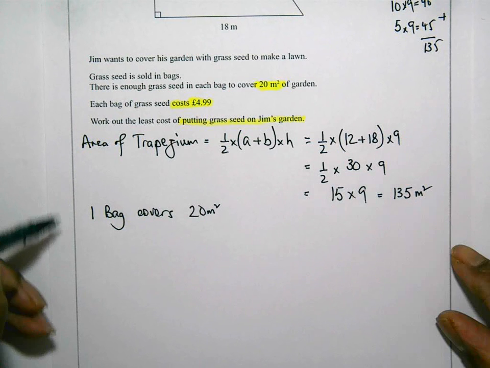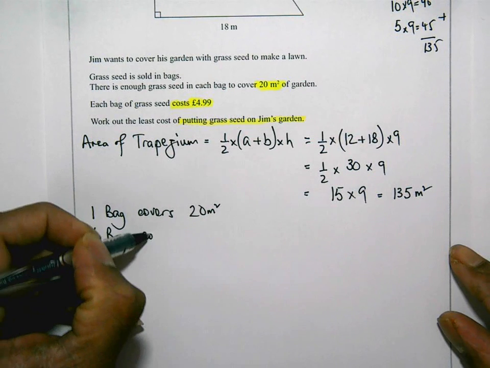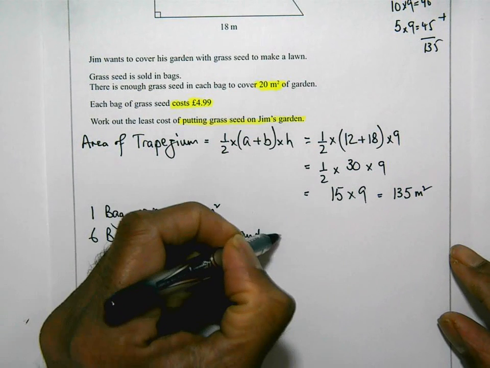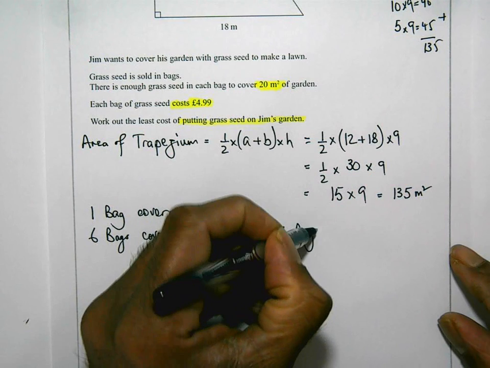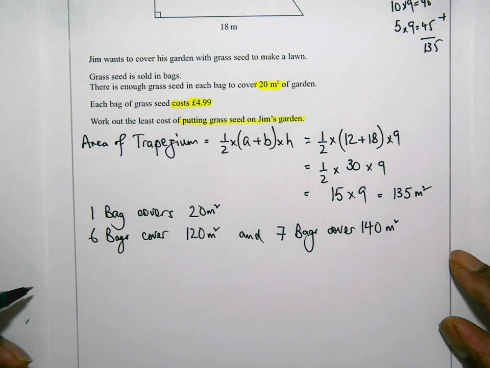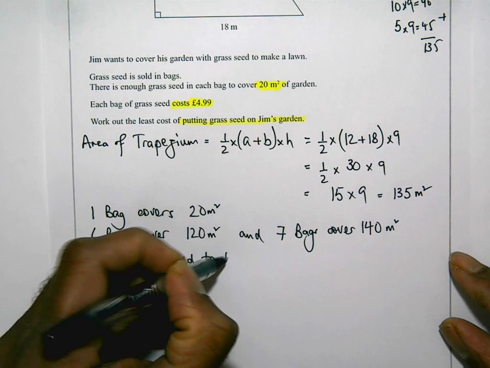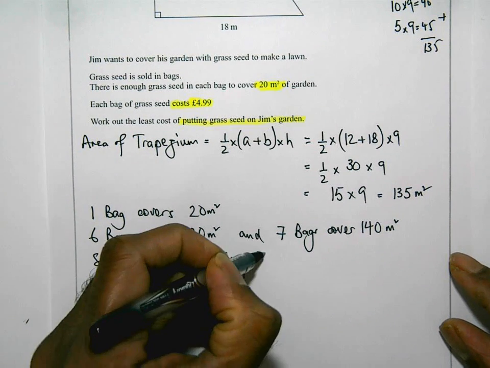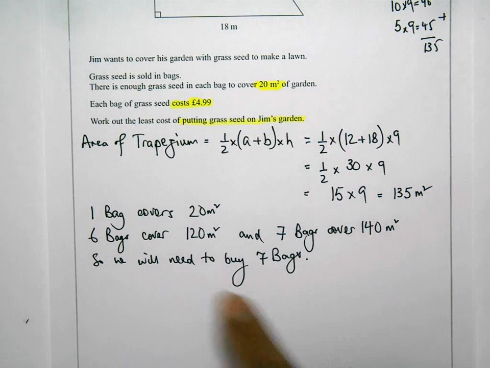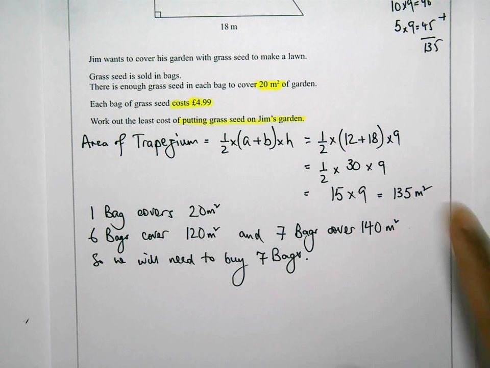Doing my multiplying up, 6 bags will cover 120 meters squared, and 7 bags will cover 140 meters squared. So he will have to buy 7 bags, because if he buys 6 bags, he wouldn't have enough to cover the whole garden. If he buys 7 bags, he'll have a bit more left over, but he will be able to cover the whole garden in grass seed.